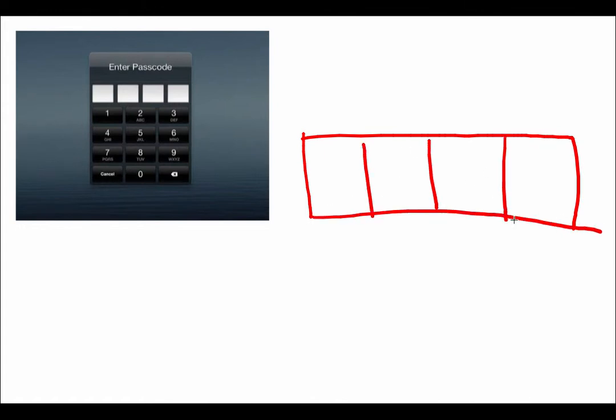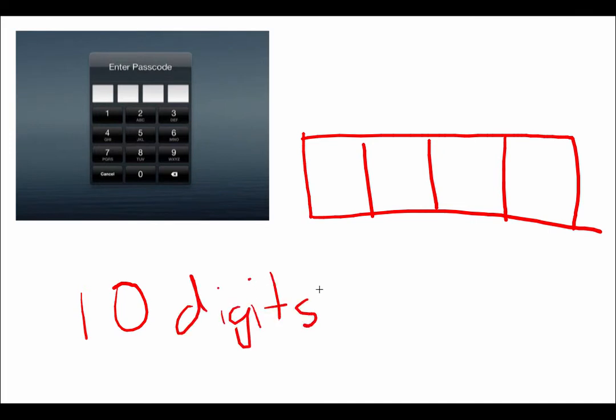It's a 4-digit passcode. So assuming that I can use all 10 digits, I can enter 10 digits here. Now again, I can use the same 10 numbers again. It's not that I cannot use one of those numbers. So again, there's another 10 possibilities, another 10 possibilities, and another 10 possibilities.